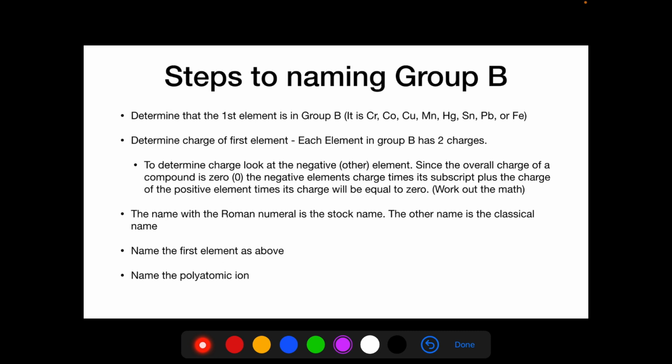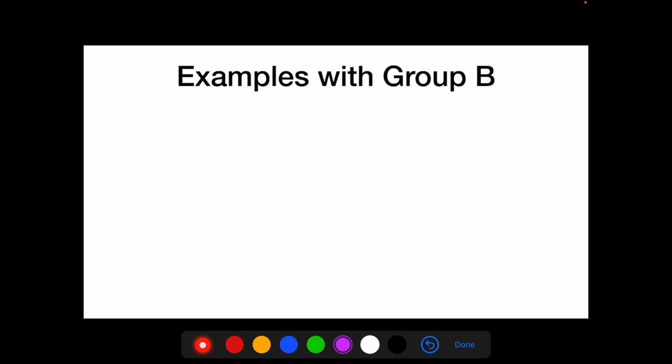Group B, we still have to figure out what the charge is for the group B elements. And then we name the first element, and then we name the polyatomic ion.